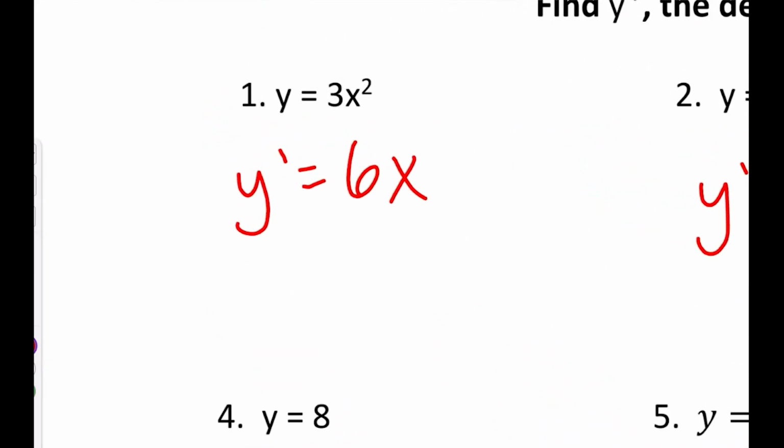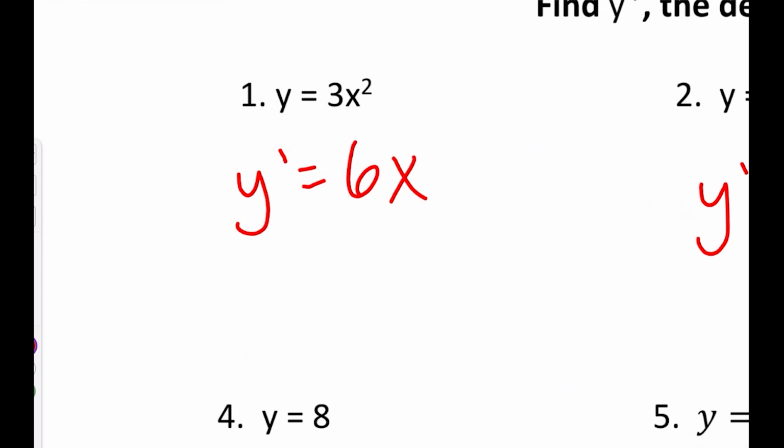If 6x is your function, then an antiderivative of 6x is 3x squared. So 6x is the derivative of 3x squared. 3x squared is not the, but an antiderivative of 6x.